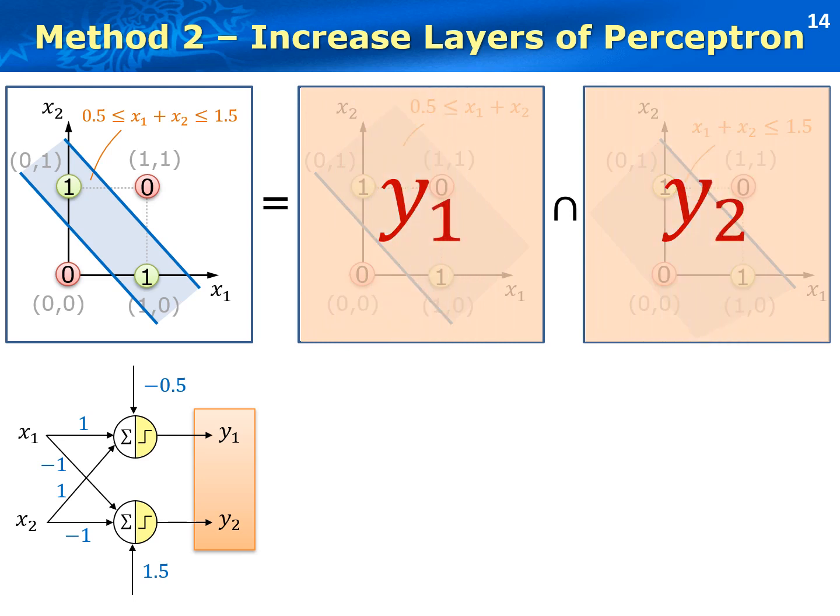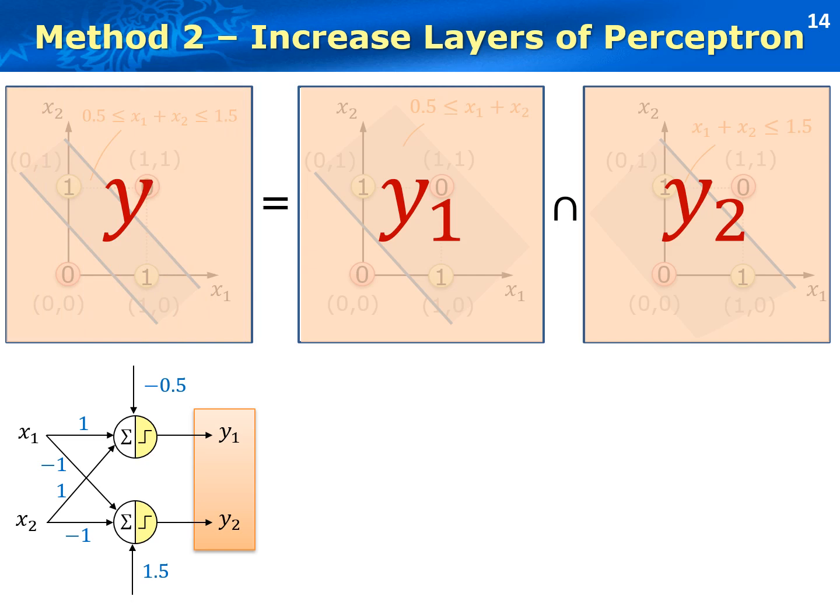The intersection of y1 and y2 is the output y for the XOR gate. This intersection can be expressed as an AND gate. From the previous session, we learned that the Rojas diagram of y1 and y2 is the following, whose threshold value is 2.